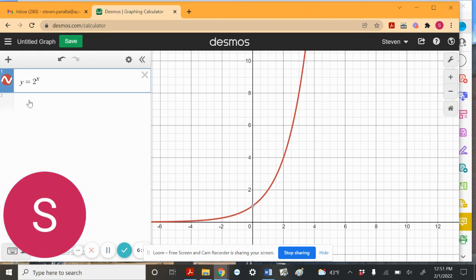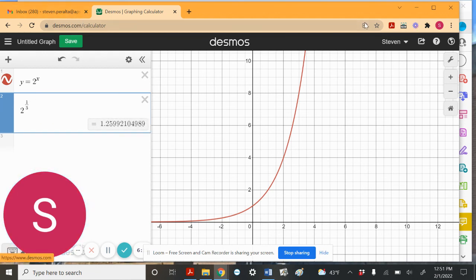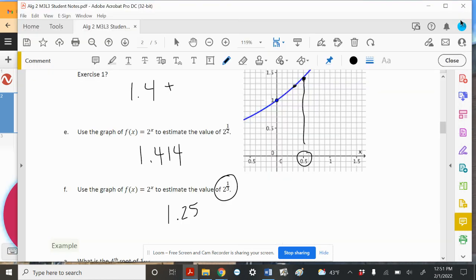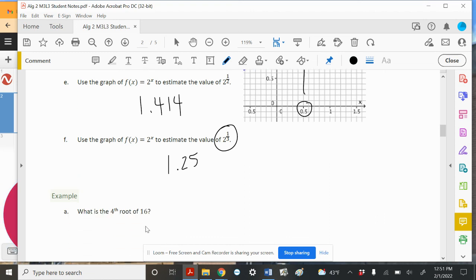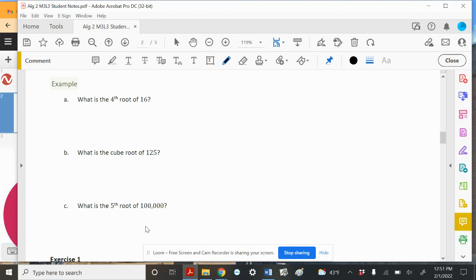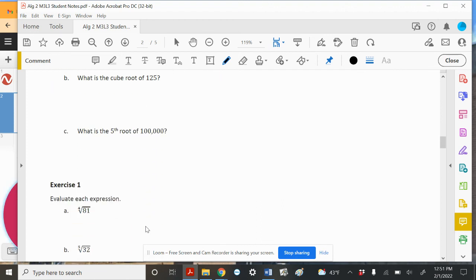So 2 to the 1 divided by 3, and notice 1.259, and so that is approximately what I got. So 1.26. So I'm getting good accurate values when I'm looking at the graphs, and we can see what those different values are. So the next part of this, we'll start getting into understanding how to deal with these functions.